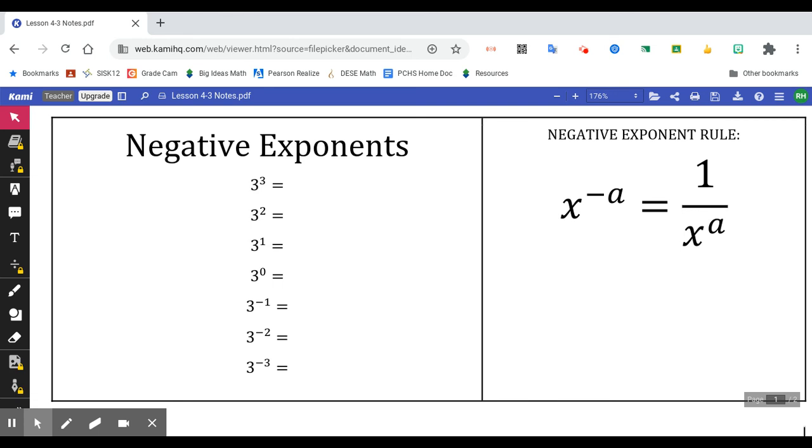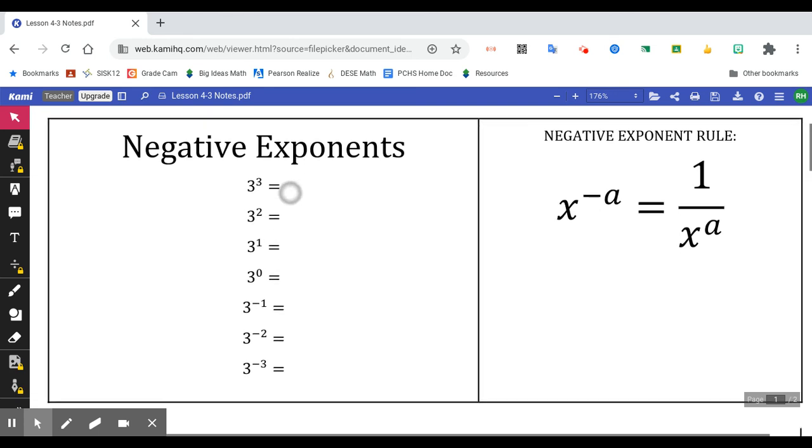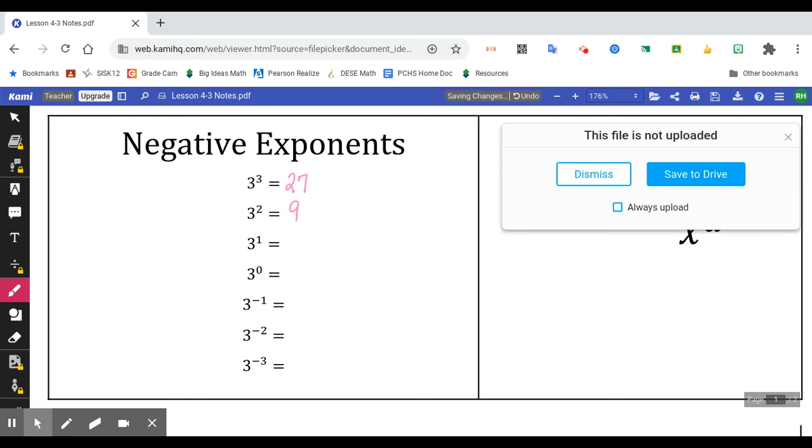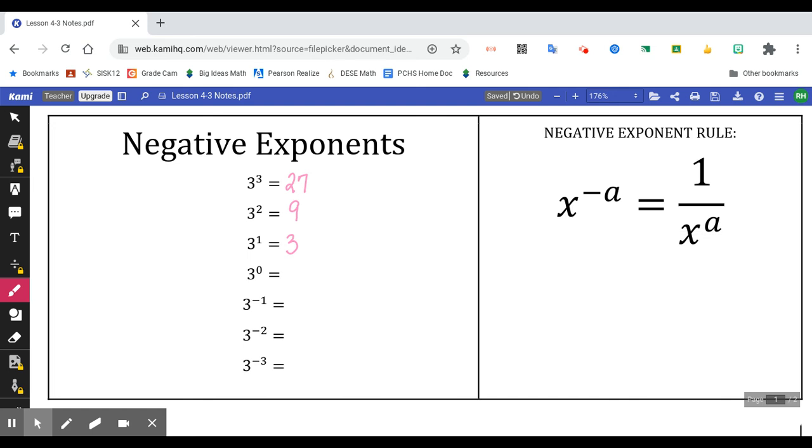So as we go down the line here, we know that 3 cubed, or 3 to the third power, is 27. Sorry, getting my writing utensil going here. 3 squared would be 9. 3 to the first would be 3. And 3 to the 0 power we know is 1.